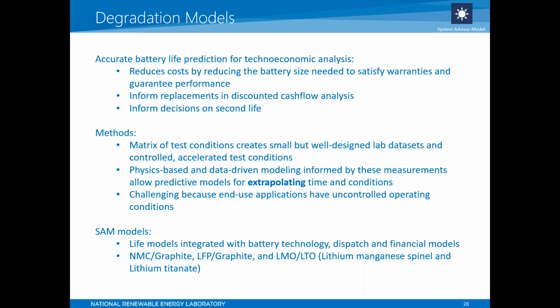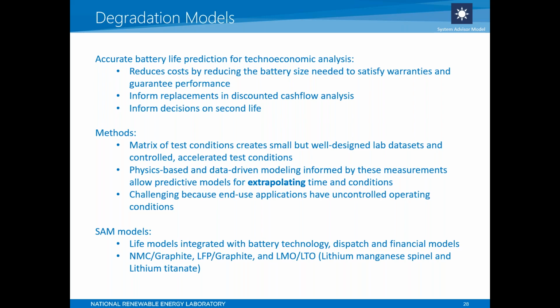The development and use of these models is challenging because end-use applications have uncontrolled operating conditions, which can be very different from the controlled conditions within the lab data set.